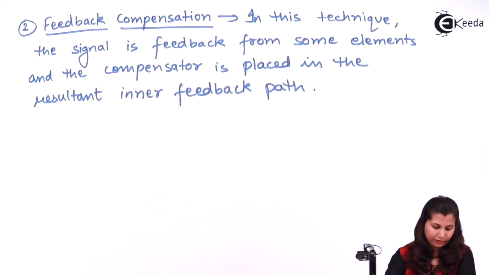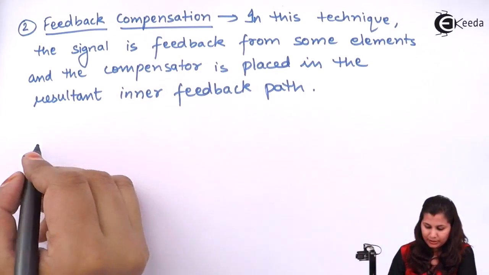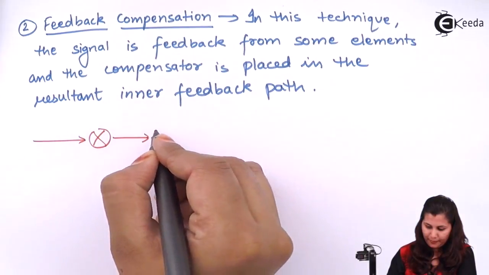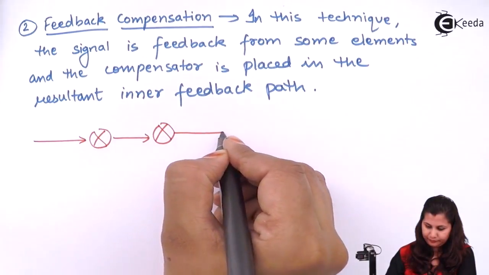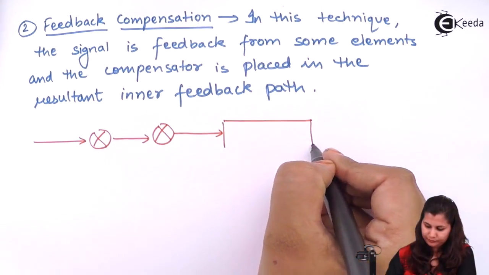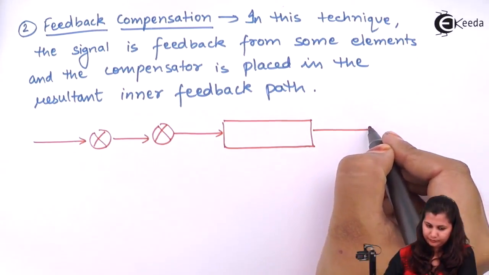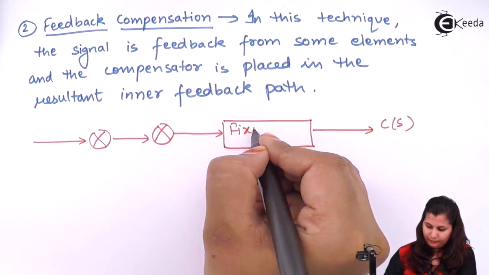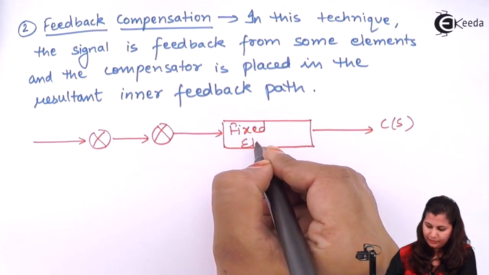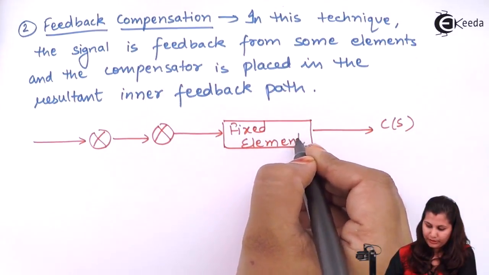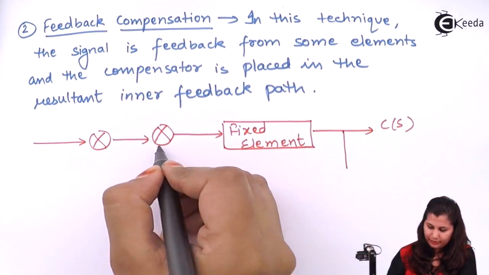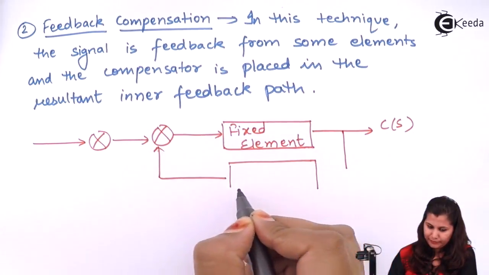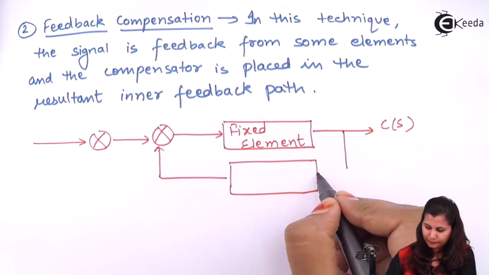Let's draw the block diagram for this. This is our input. This is the fixed element. So this output signal is fed back through this compensating network.